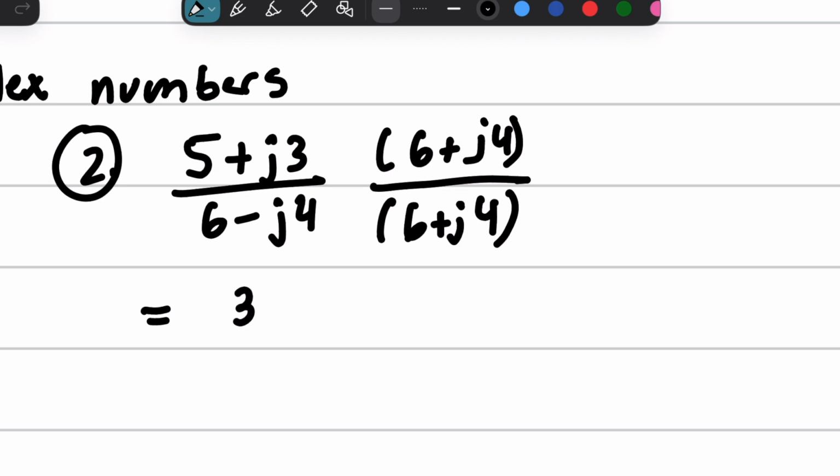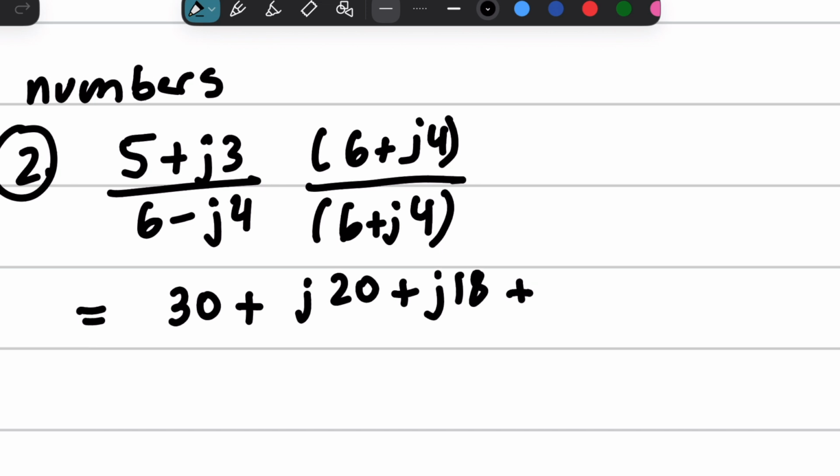So we're going to multiply this out, and we're going to just use the distributive property for the top. So that's 30 plus j20 plus j18 plus, but actually this is going to be minus because now we're going to use j squared is equal to negative 1, because root negative 1 times root negative 1, the roots cancel out, and we're going to get 12.